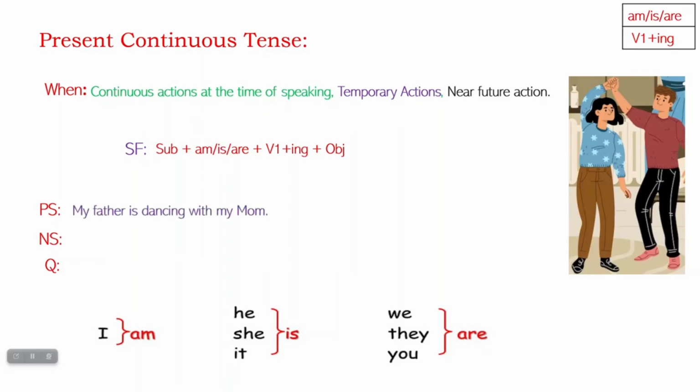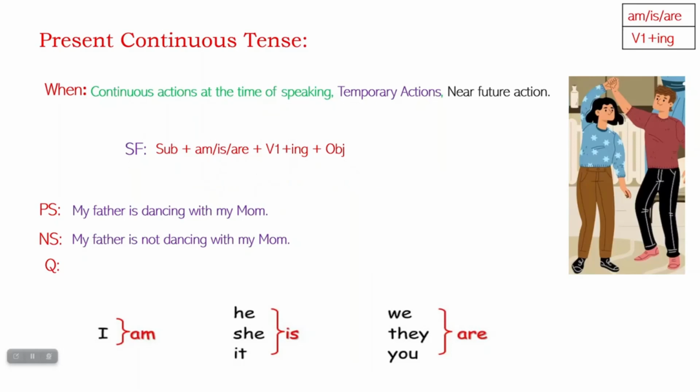Example, my father is dancing with my mom. At present, he is dancing with my mom. It's a continuous action at present. Next, negative sentence. Subject plus am, is or are plus, as it is a negative sentence, not plus verb in ing form plus object. Example, my father is not dancing with my mom.